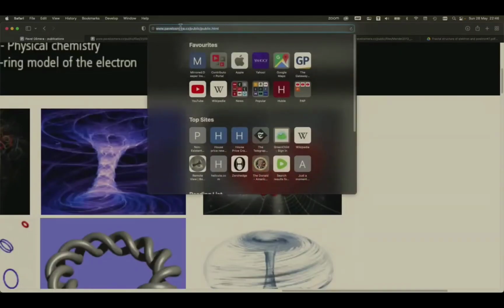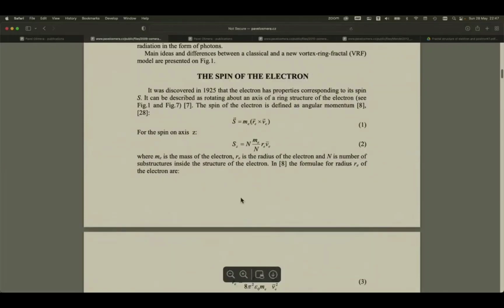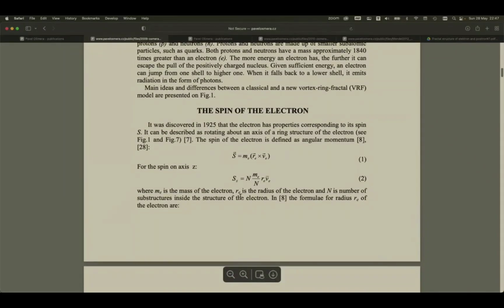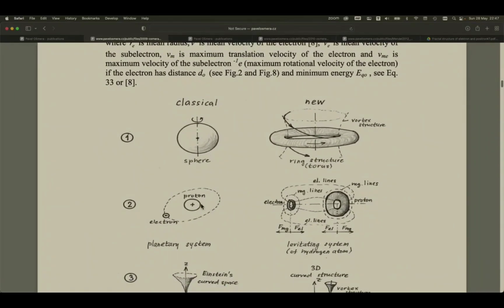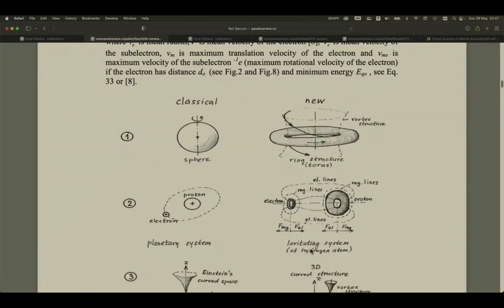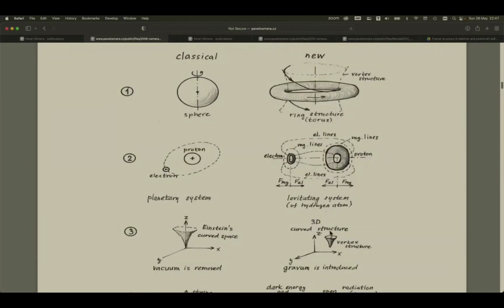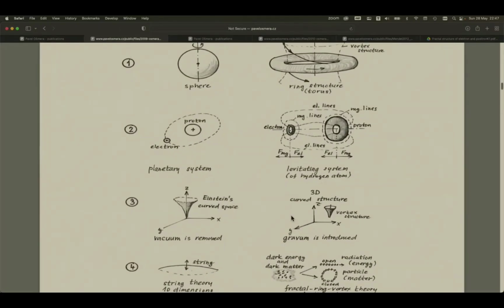For those that want to know, it's Pavel, P-A-V-E-L, Osmera.cz, and you can get to his papers. So he works out the spin of the electron, and he has the old classical sphere model here and this orbiting thing going on. He says there's a relationship between the proton and electron through their magnetic lines, and he talks about how the magnetic lines are formed and so on.